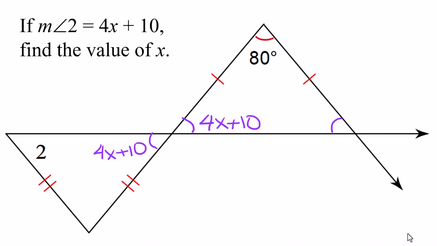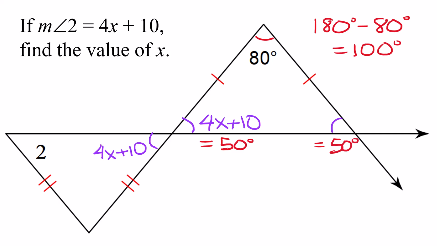All right, let's get some angle measurements for these guys down here. Because we have the 80, we can subtract that from 180, and we get 100. So I'm going to pull that same trick I just did, and split that 100 up over each one of those base angles because those are equal to each other.